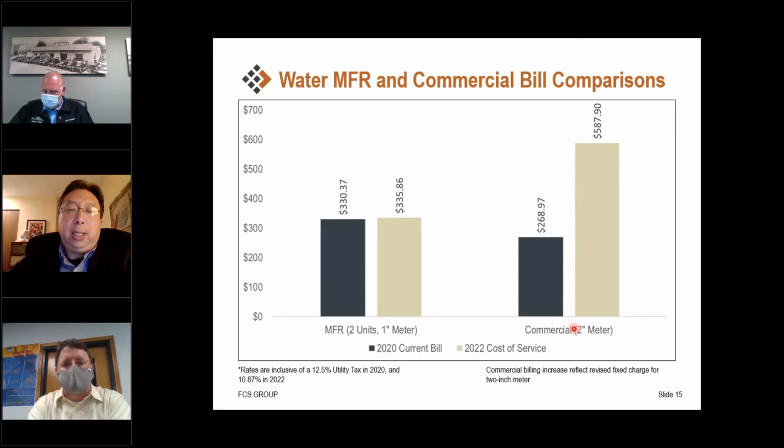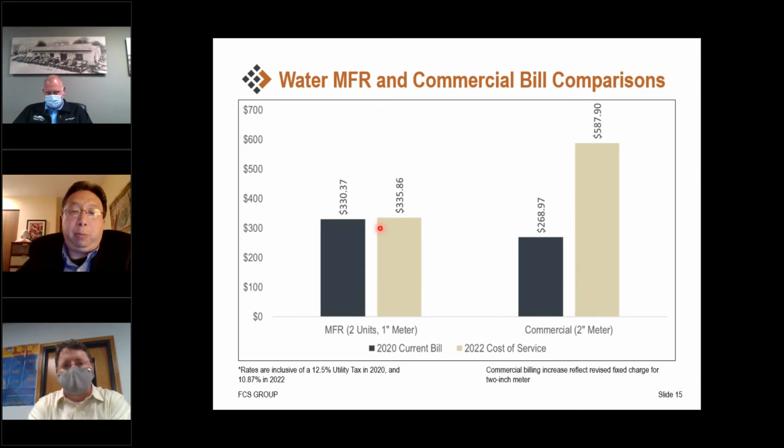And this reflects for this customer who has a 2-inch meter, the larger fixed charge, again, following the American Water Works Association ratios. And then for a multifamily building that may have, for example, 2 units with a 1-inch meter, their billing would, as you can see here, only increase slightly.